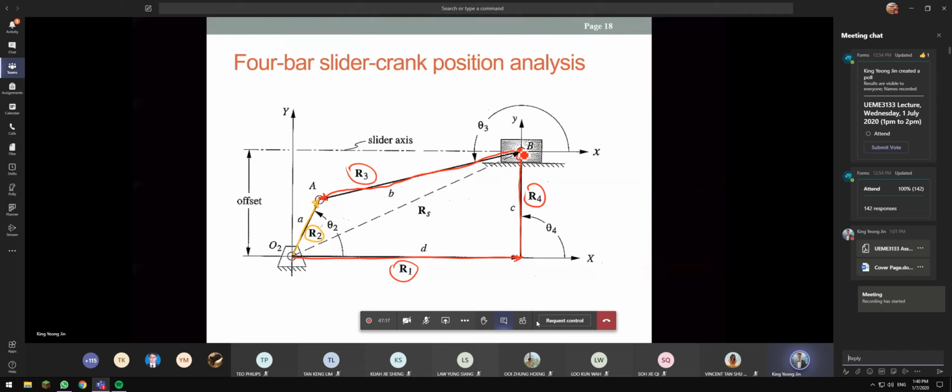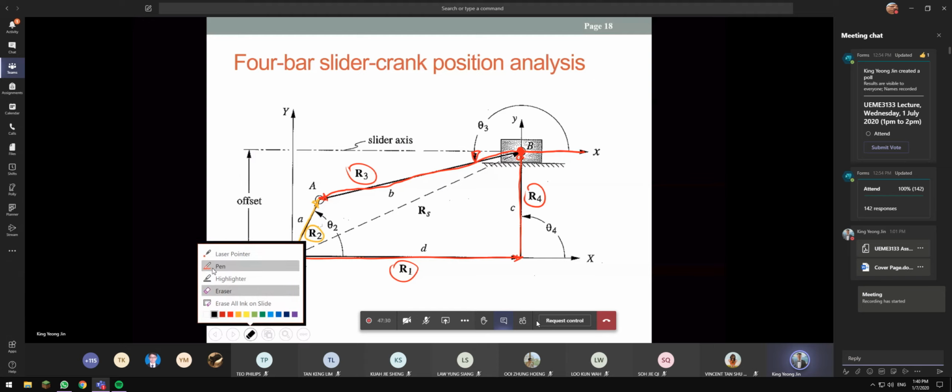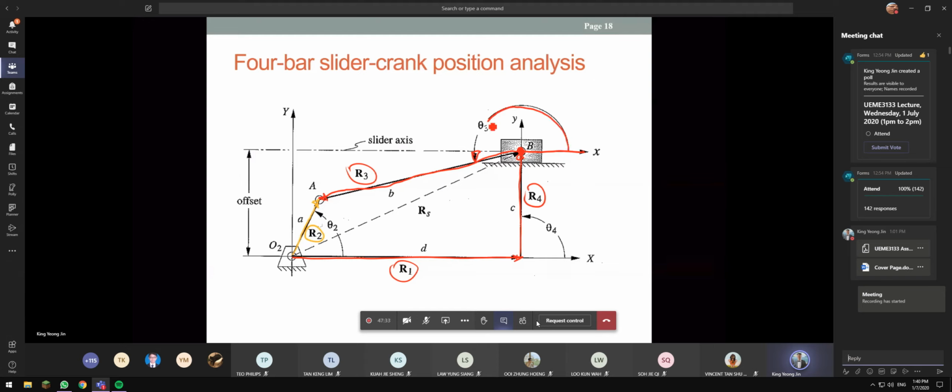So for sliders, it is reference moved to point B here. So the θ3 will be this one. So you have to be quite alert on this. Instead of measuring from point A, measure your θ3 from point B. That's why when we build these vectors, it will go from here R1, and from here R4, and then go down R3, and then they will meet at point A there.